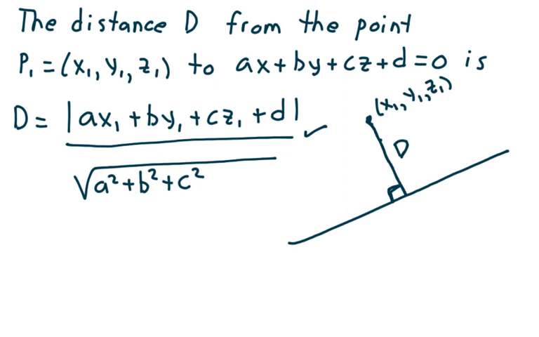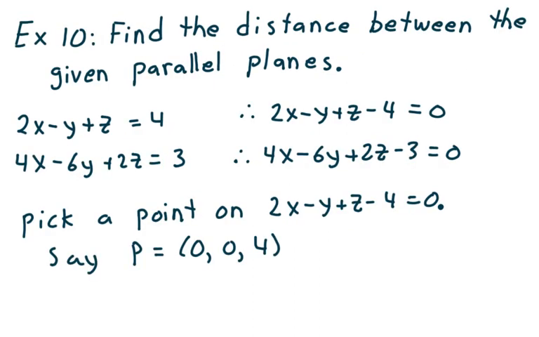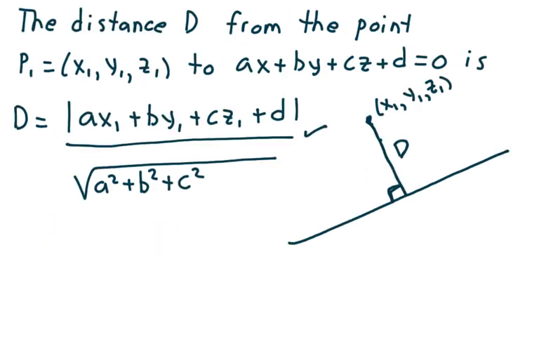Okay, let's take a look at an example. Suppose I said find the distance between the given parallel planes. Now, I do want you to notice something. If we go back to this formula, notice how the plane is set to 0. That is crucial, okay?